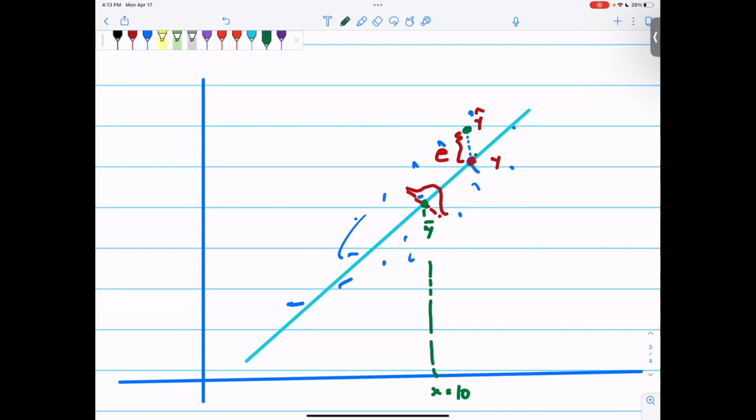So for every single value like this, for all values, we must have a normal distribution, and this is Y bar. And this one, which is sigma, will be equal for all data sets.